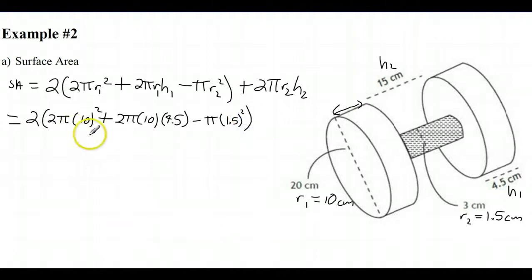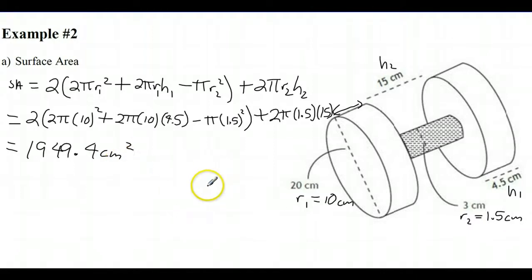Close the bracket. So that's all of this. Then we need to add the lateral surface area of this guy, which will be 2 pi 1.5 times 15. And you know what? Just plug it into your calculator. Work it out. I got 1949.4 square centimeters.